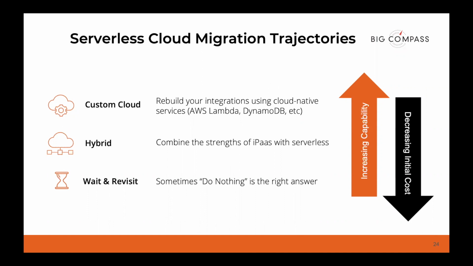Another approach is a hybrid approach we talked about a little bit earlier. This is a great approach to enablement in the serverless cloud because you can combine strengths of iPaaS, for example, with serverless, and you can use the right tool for the job, and you can start to dissect your current system for the best use cases to move iteratively to the cloud, and only choose the right candidates to move to the serverless cloud.